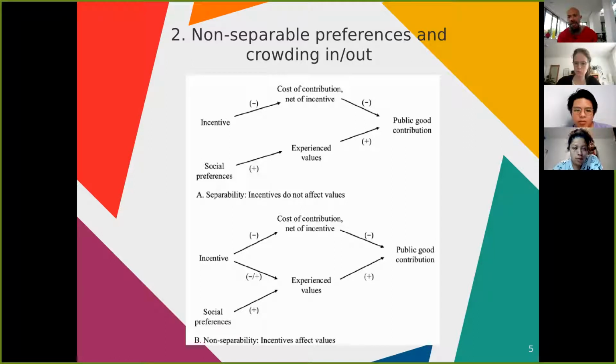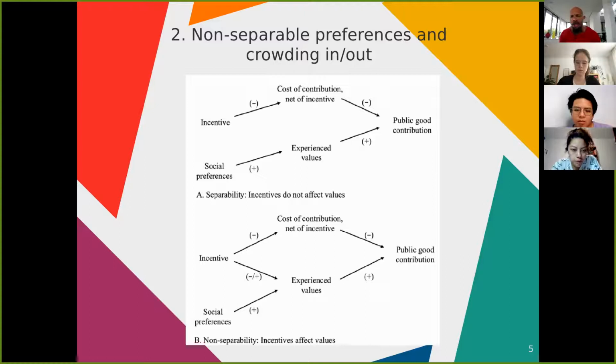So you see in this picture A, you have separability where the incentive is not working upon the experienced values that the individual has. It in fact only operates on the cost of contribution. So basically the incentive could be a tax, it could be some sort of a fine, whatever it happens to be. It's some law that states, if you do this, then this happens.